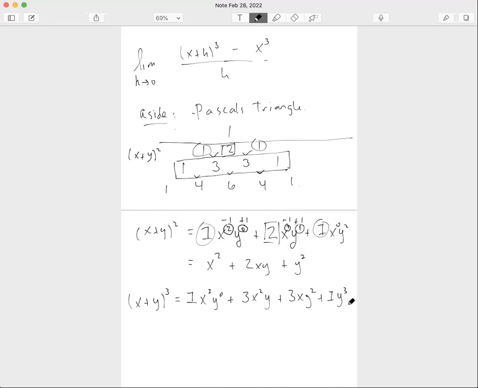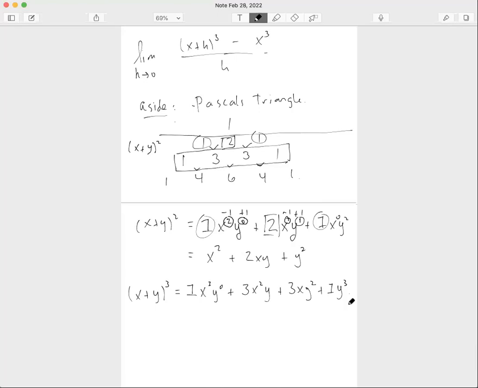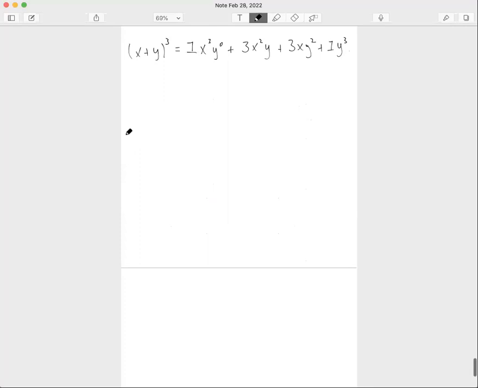So let's do that here. Using that here, and yes, we could also just FOIL it out the long way, but there's a reason why I want to show Pascal's triangle now, because we're going to do this for all numbers, not just cubes. So I have x cubed h to the 0 plus 3x squared h plus 3x h squared plus h cubed, and then minus x cubed.